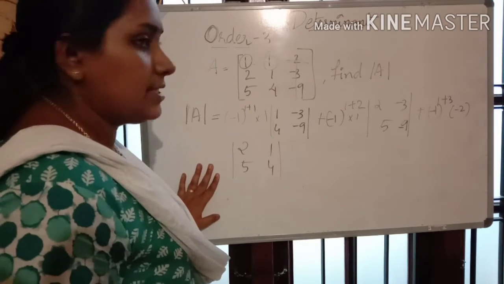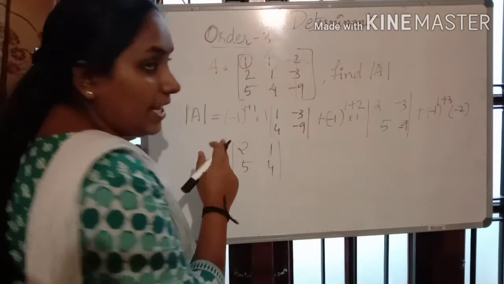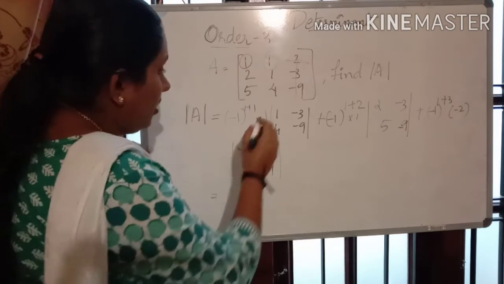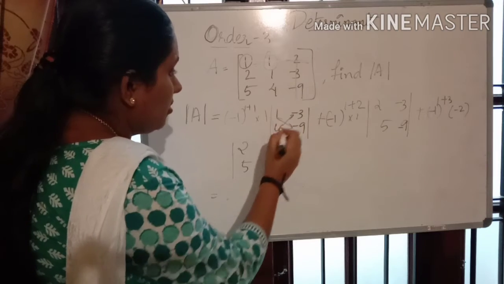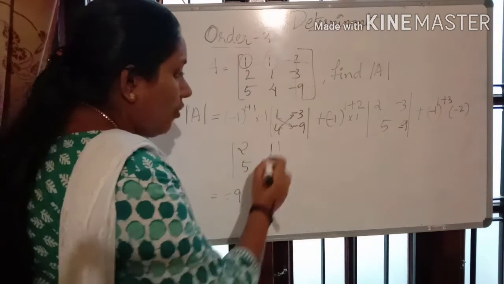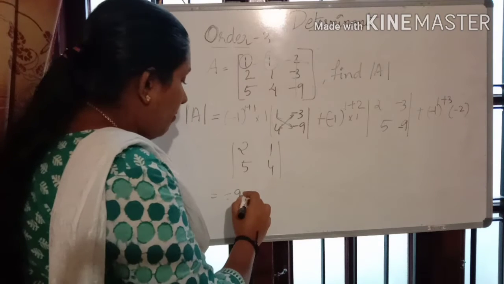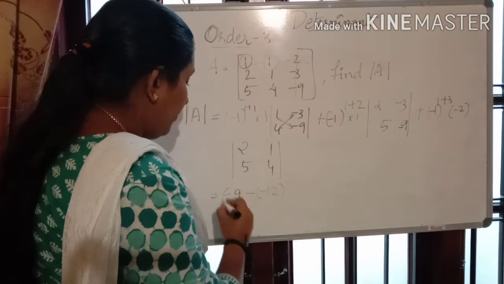From this we can easily find the answer. Here, minus 1 whole square is 1. 1 into minus 9 is minus 9. 4 into minus 3 is minus 12. Minus of minus 12.